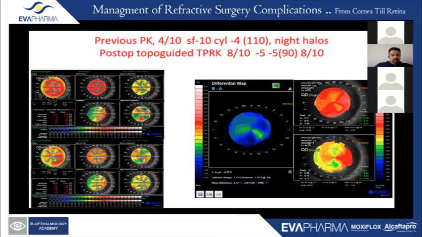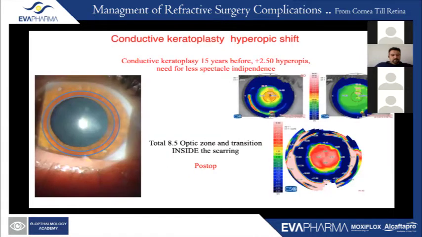This is another case in which I managed a scarring post-PRK, post-penetrating keratoplasty with a trans-PRK. And I will also show you another case in which the patient has a refractive problem because he had a conductive keratoplasty 15 years before, and it was a 2.50 hyperopic.